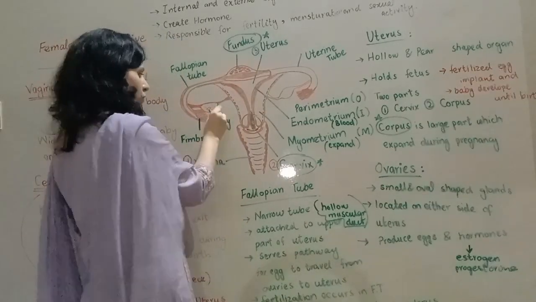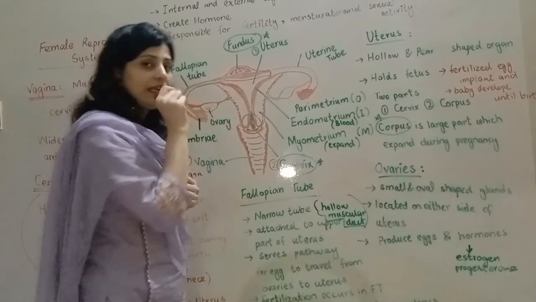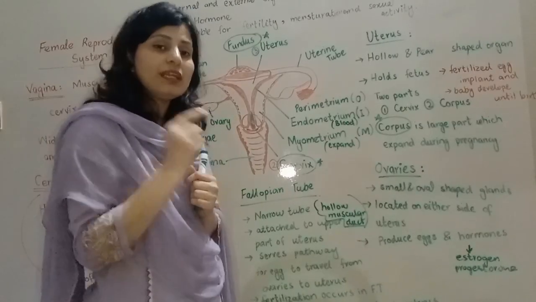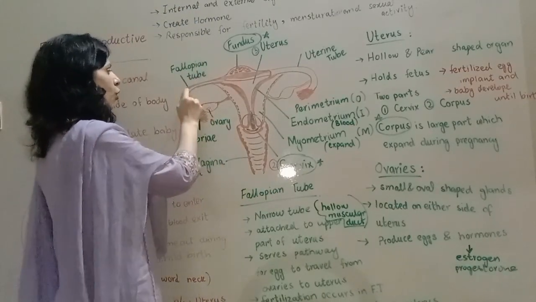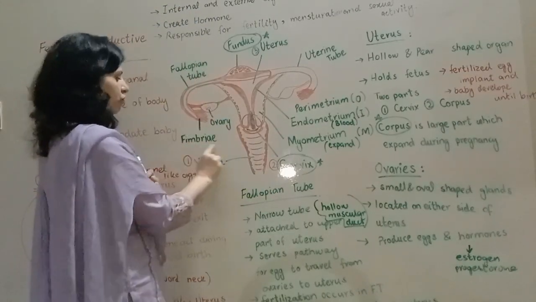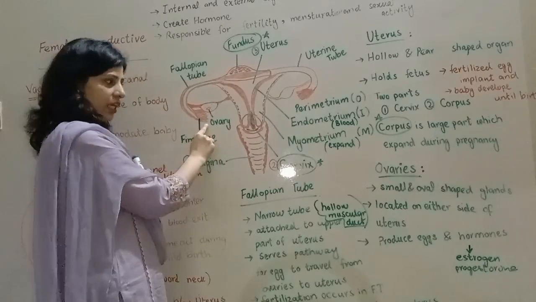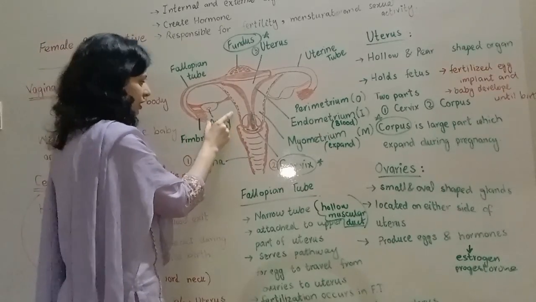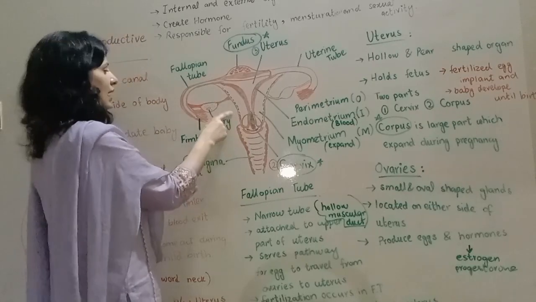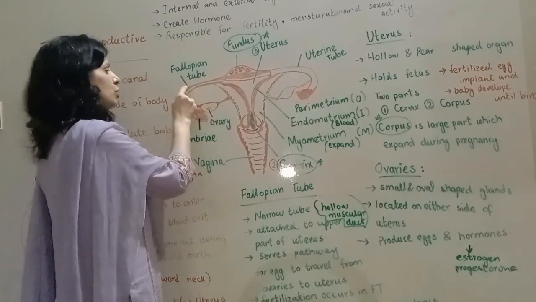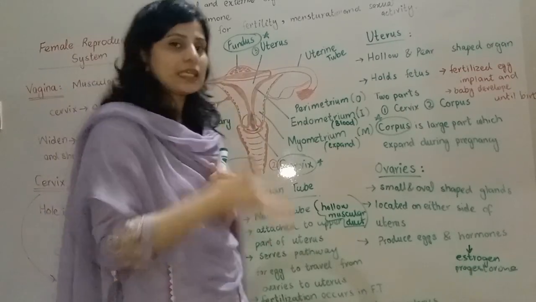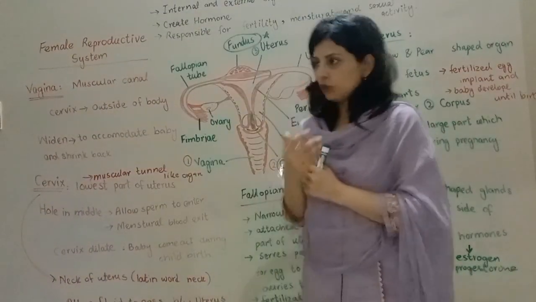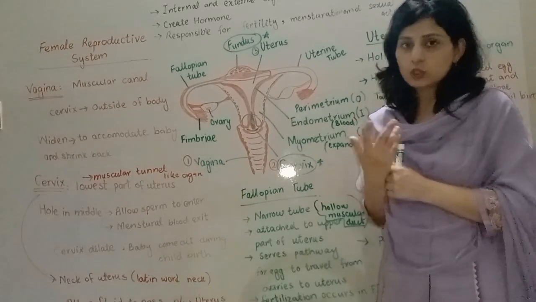Talking about function, every month your ovary releases an egg, and the egg is moved into the fallopian tube by the movement of the fimbriae. Here the egg stays and waits for the sperm for fertilization.